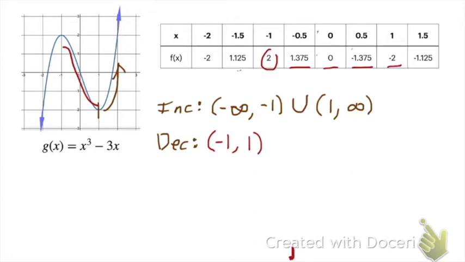So we're showing that we are decreasing this entire time from -1 to 1. I do not need all the numbers in here. What I would like to see though is at least one number between your peak and your valley. It shows you that you're steadily going down from left to right.